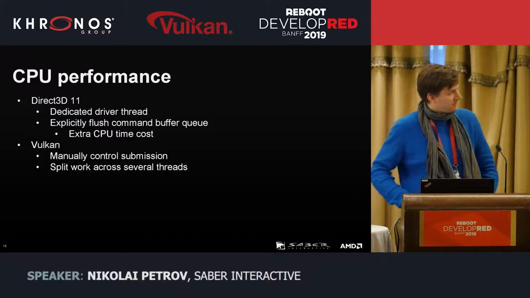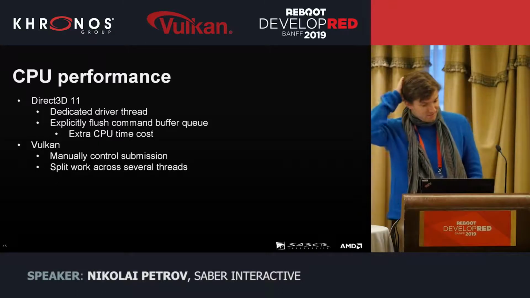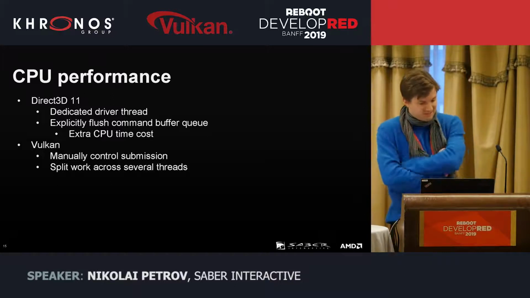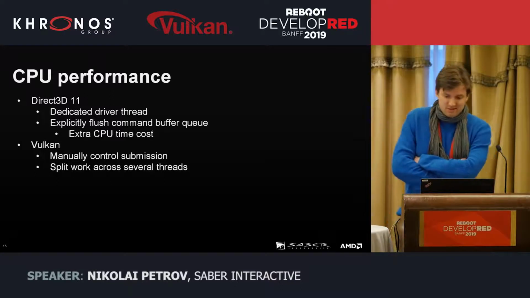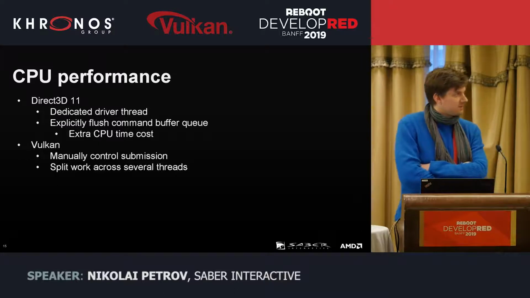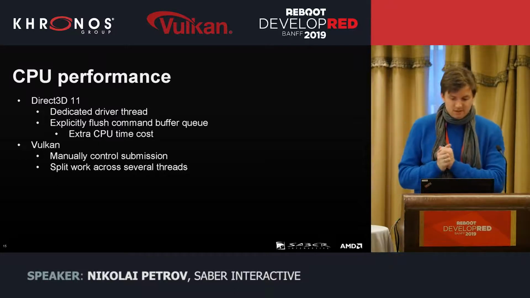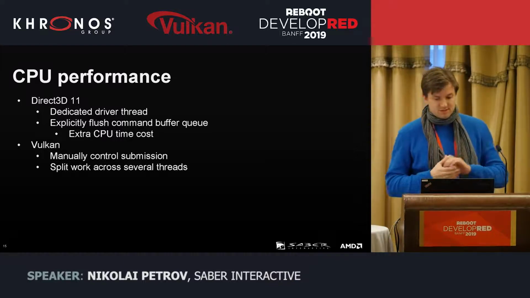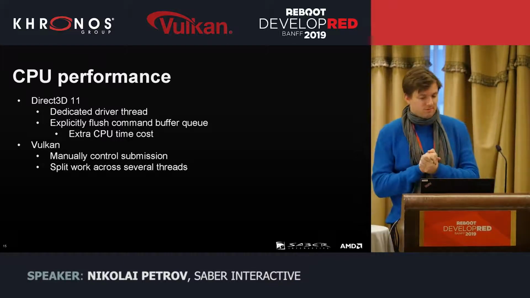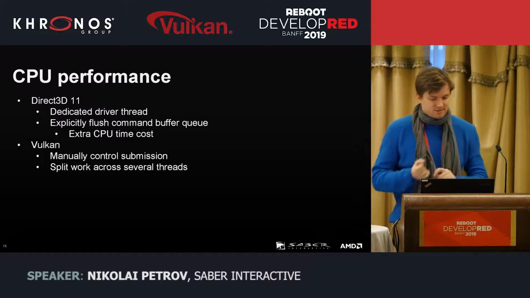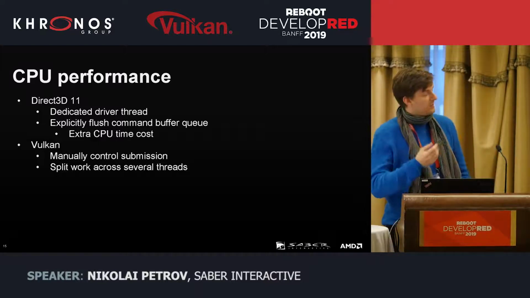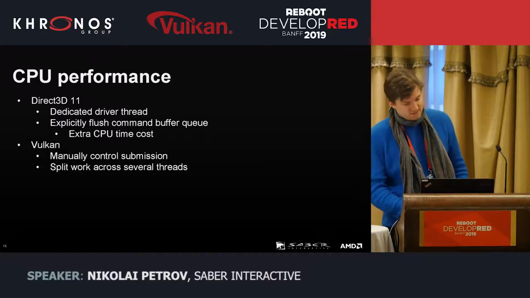for multi-threaded submission. But with Vulkan, we've got the opposite situation, because it's completely the application's responsibility to organize the command buffers recording and provide the synchronization for the command resources. So it's not necessary to know the exact resource address during the command recording. All of these benefits give us a good way to distribute the job across multiple threads.